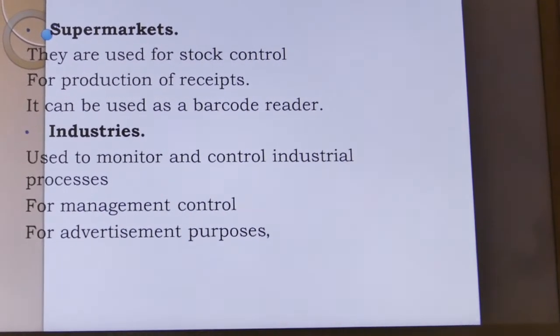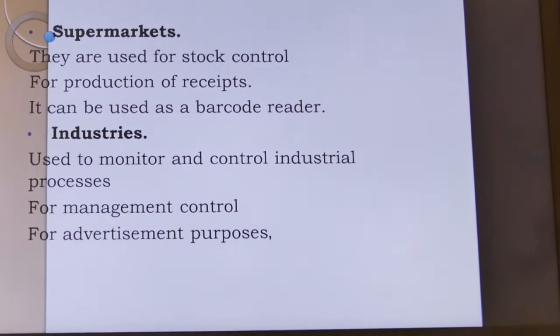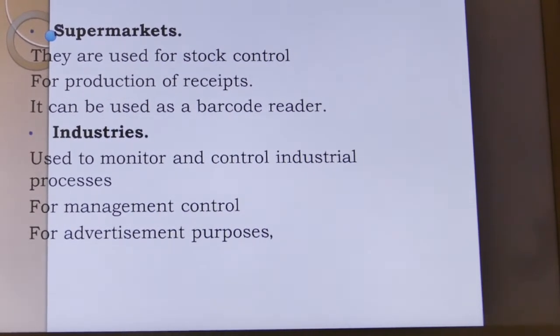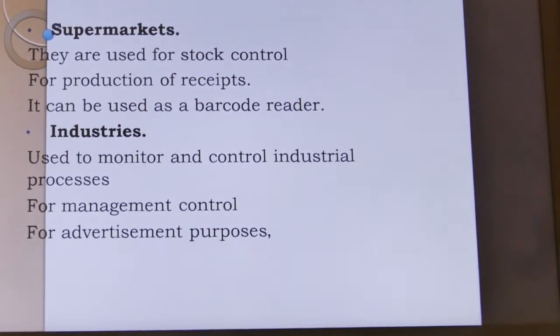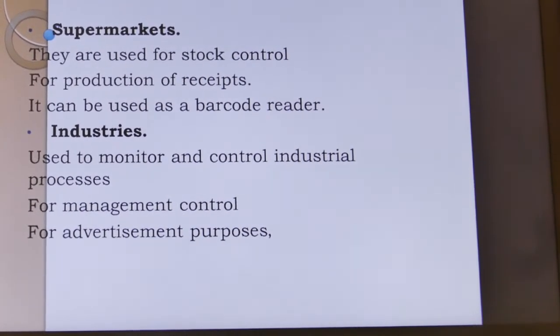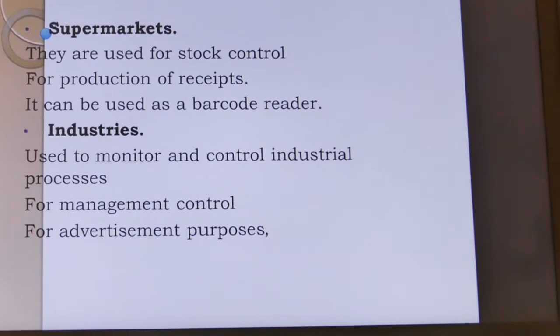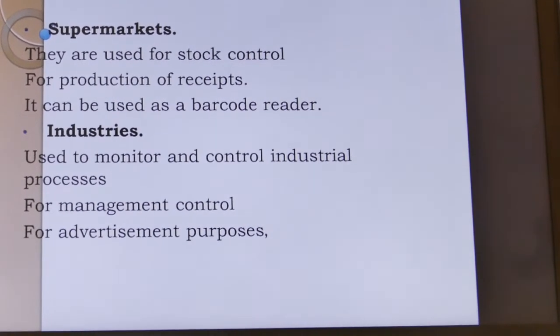Then we have industries. Computers are used to monitor and control the processes in industries. They can also be used for management control and to advertise whatever the industry has produced.